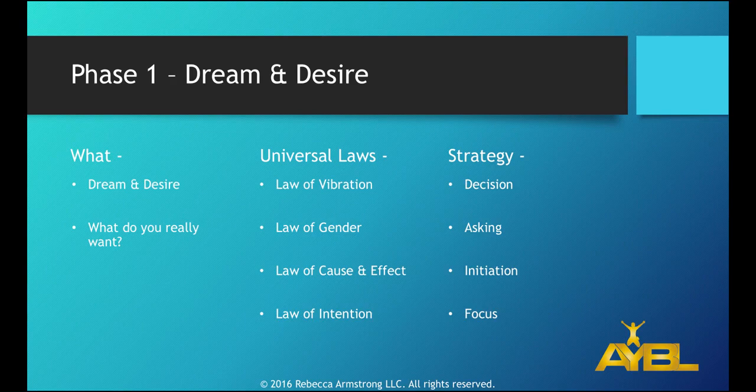Let me give you another example. You're looking at the screen and you're hearing my voice. Your eyes are detecting the visual vibration of color, the spectrums of color. So your eyes are actually the interpreters of the frequency of what you're looking at. Now, your ears are the interpretation vehicle and tool for interpreting the vibration of my voice.